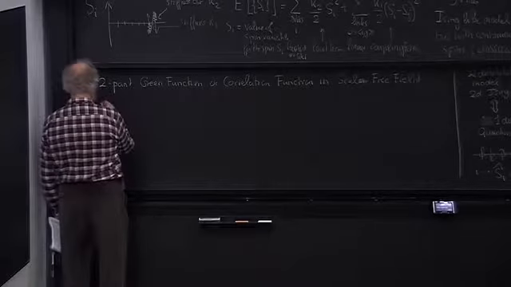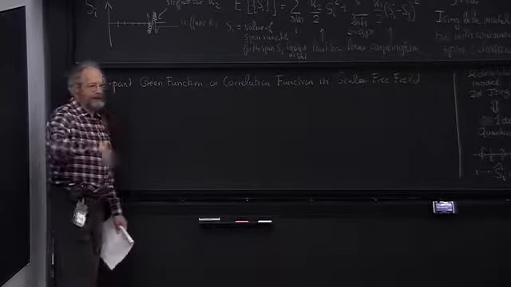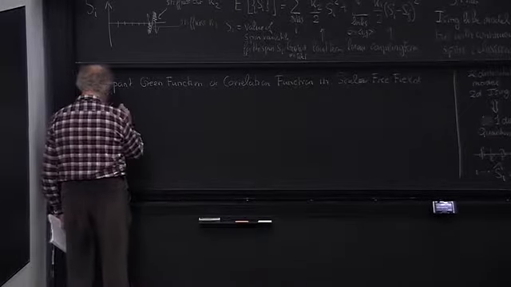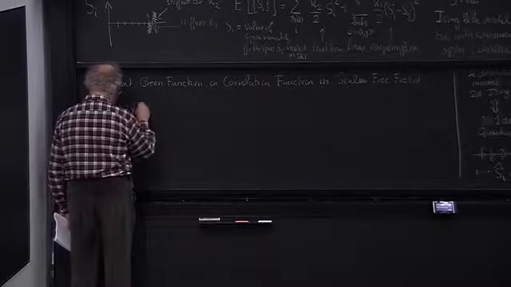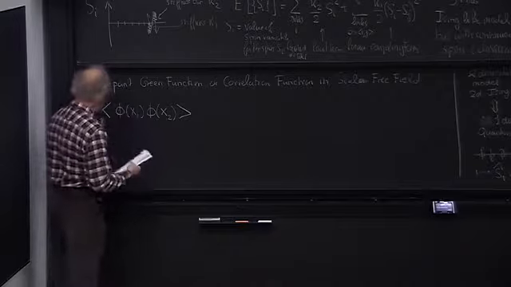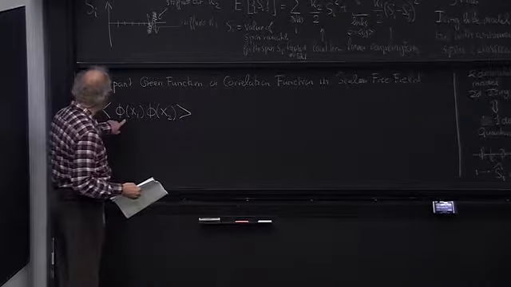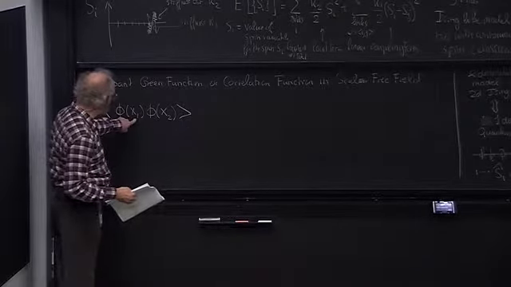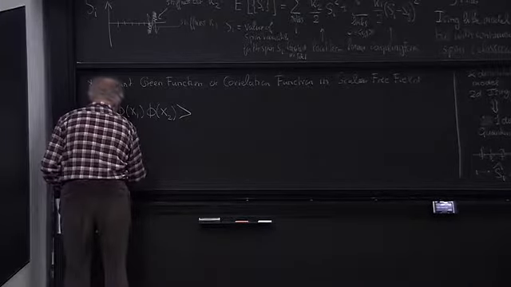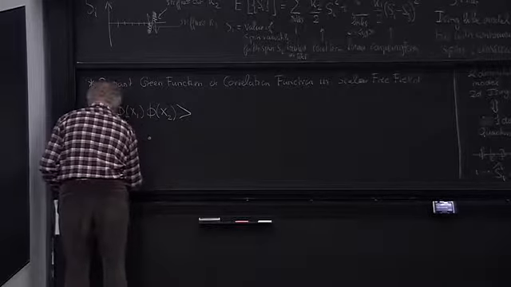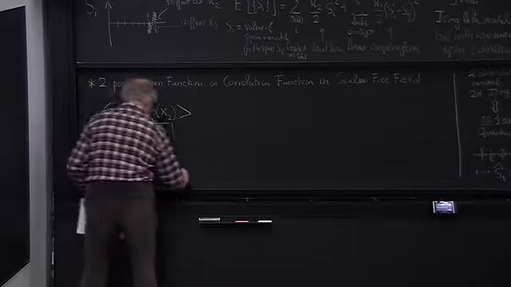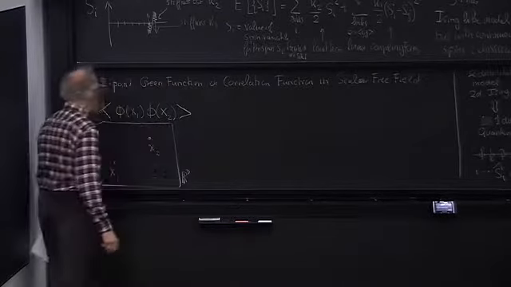Okay. So I'm going to compute the following object. Now I consider my scalar free field in infinite space, infinite time, and I want to compute the two-point function, which is defined in this way. So I denote the two-point function as the expectation value, that's a bracket, of the product of two fields, phi at a point x1 and phi at a point x2. So I have my space-time, my Euclidean space-time, and I have a point x1, a point x2, somewhere in R^D, which is Euclidean space-time.